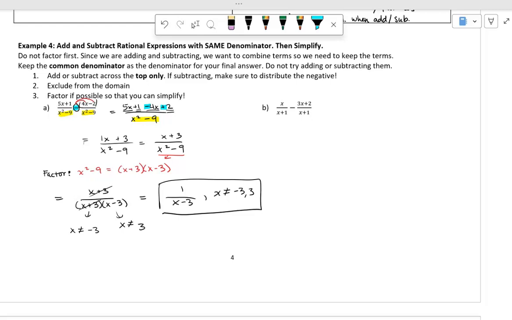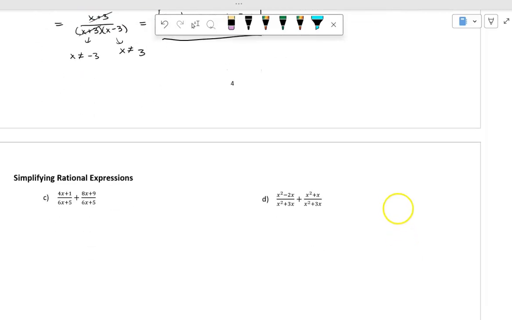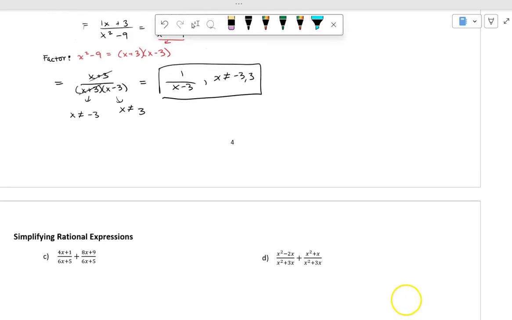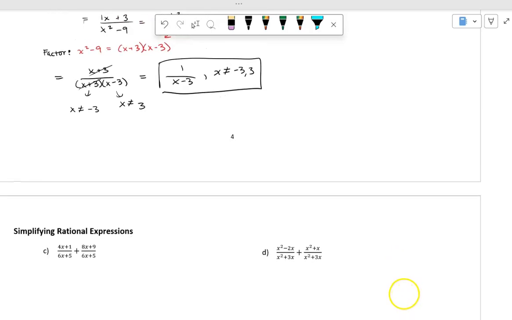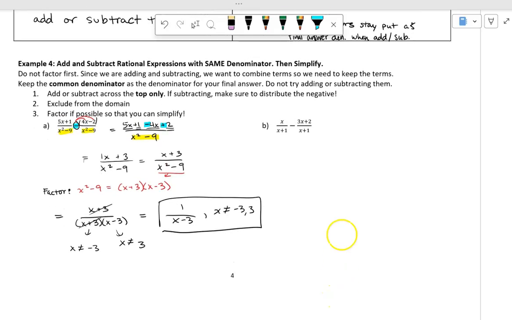So all you need to do is add or subtract across the top, keep the common denominator, and then you want to factor if you can, exclude what can't be in the denominator, and cancel to simplify. Like I said though, go back to the previous example that I did if you need to rewatch it, or look at the steps that I gave you, 1 through 3.